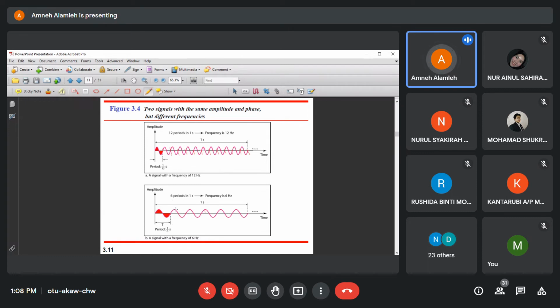In figure B, as you see, there are fewer waves. So in the same signal, we have 1, 2, 3, 4, 5, 6. We have 6 waves in 1 second.